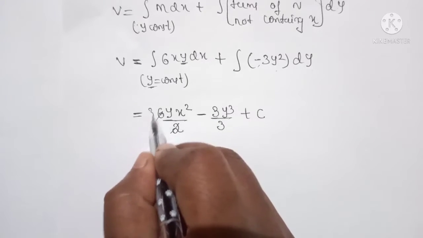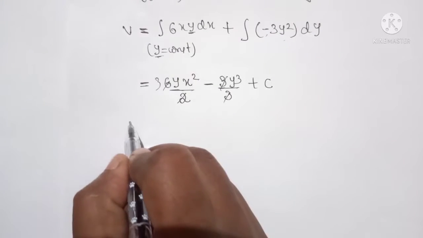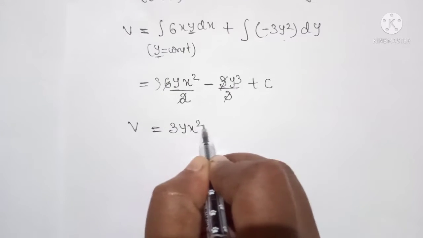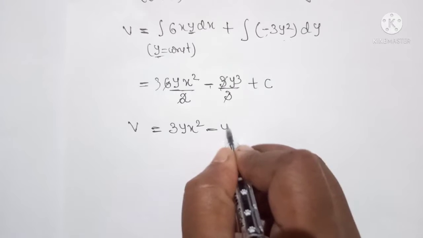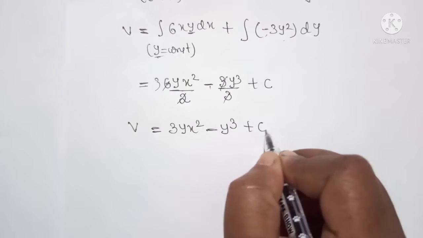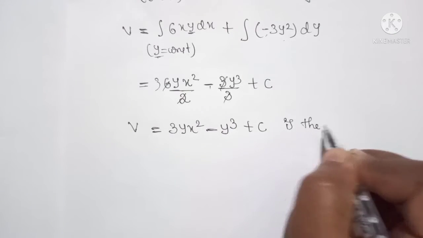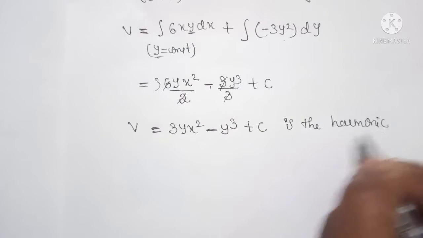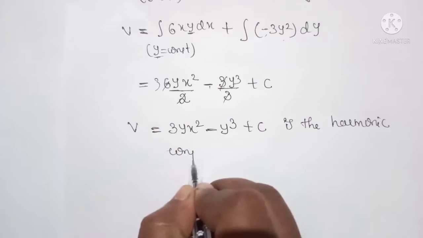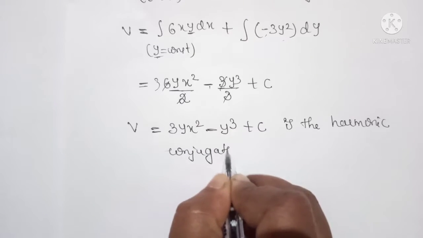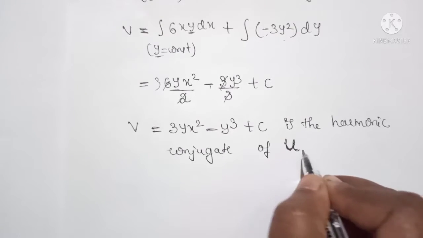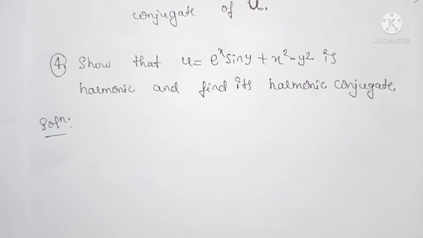So here this 3 gets cancelled. v is equals to 3yx square minus y cube plus c, which is the harmonic conjugate of the given function u. Okay, next problem.